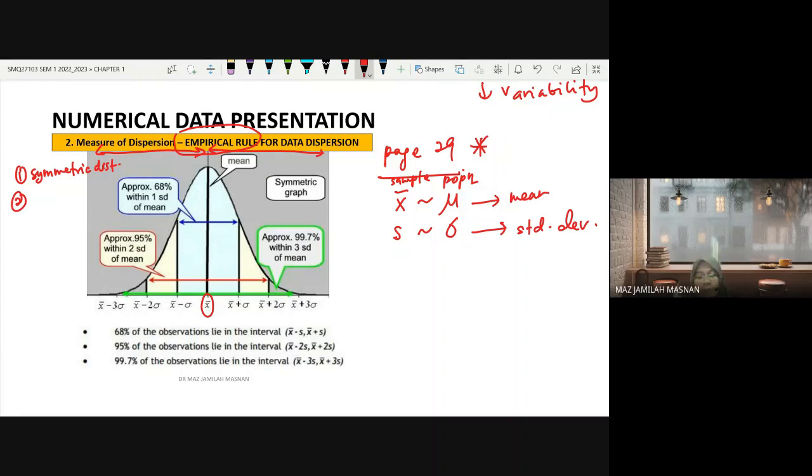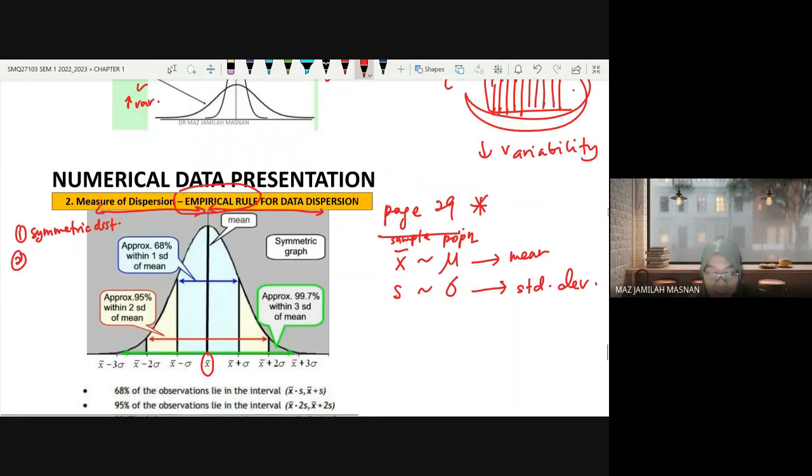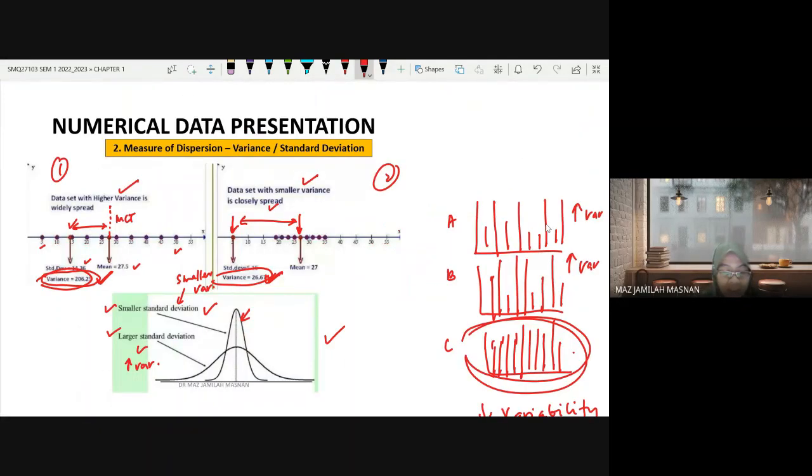Now we are talking about values from the middle where the X bar is located. If I want to talk about one standard deviation away, remember just now when I talked about standard deviation, how much the values deviate from the center value. The same goes here. How far does the value go away from the middle value?